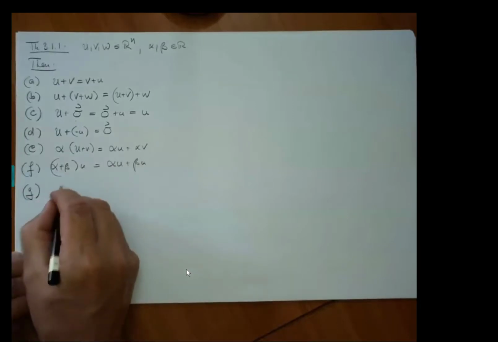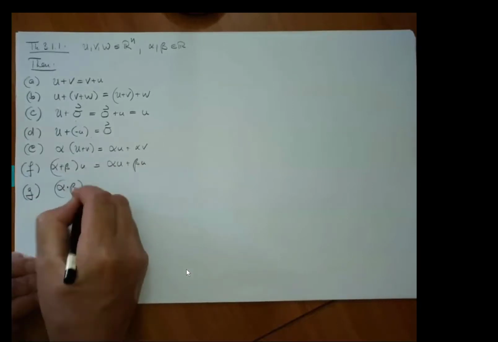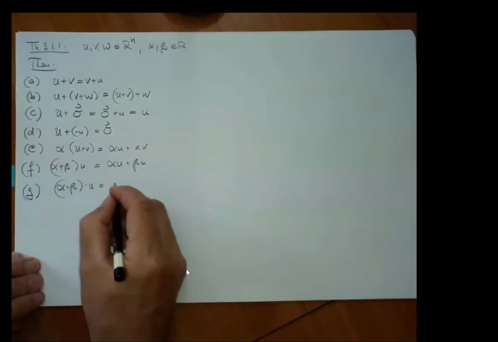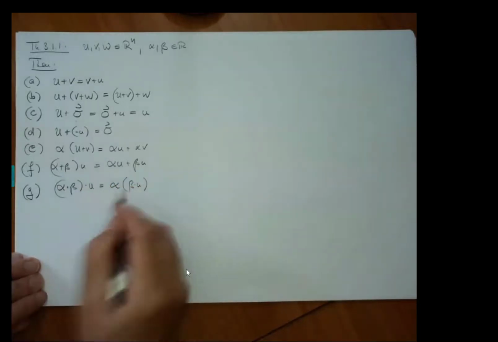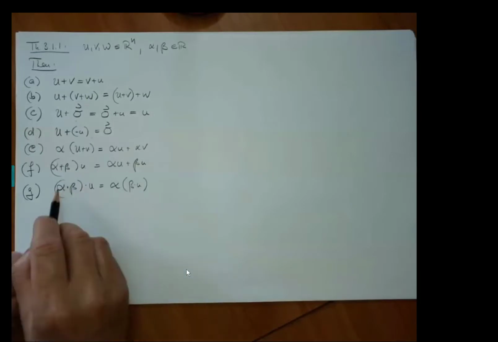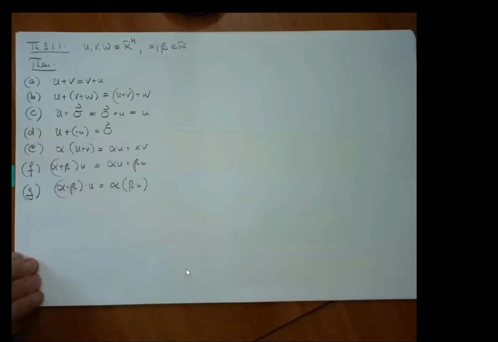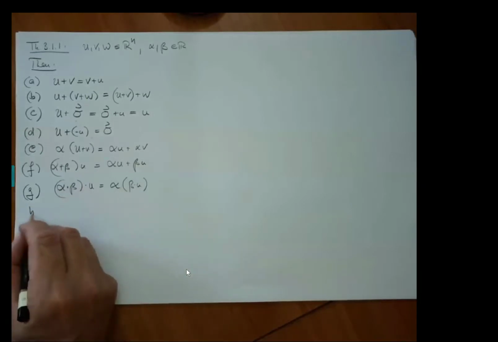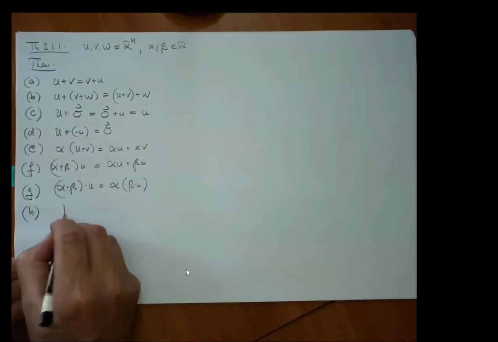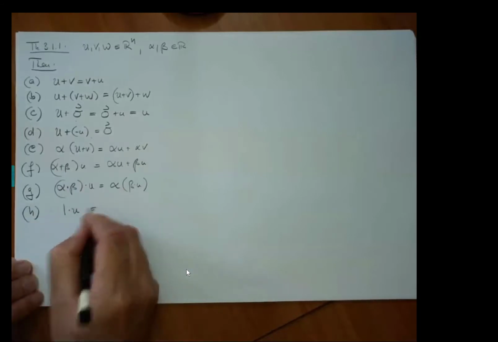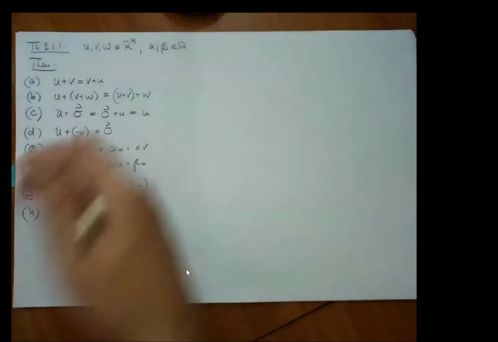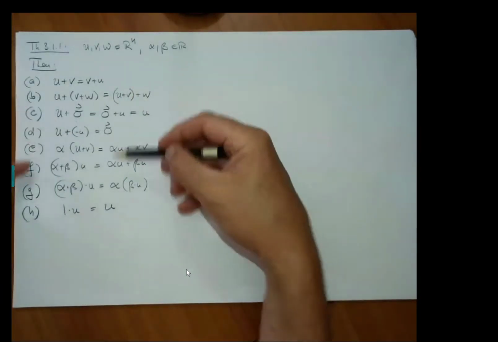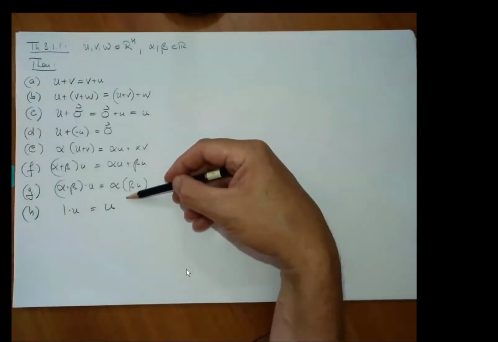If you have two numbers multiplied with the vector, it means it's associative again, these two numbers and a vector multiplication. And finally, that's an important one: if you multiply a vector with the number 1, the vector doesn't change.